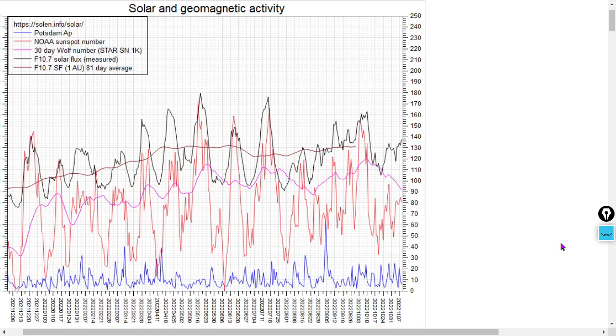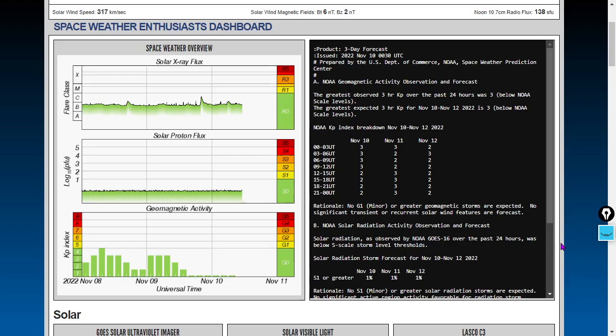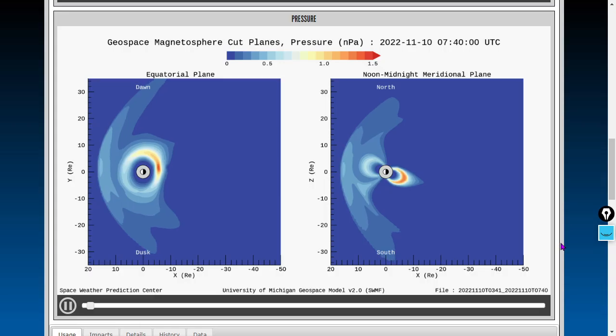And there it is in context. That's the 1-year chart of the radio flux, the black line there. The red line below it is the sunspot number. And for those of you paying attention, these two data sets are proportional. Let's look at the Space Weather Enthusiast dashboard to see no space weather storms predicted, no geomagnetic unrest or geomagnetic storms there in NOAA's forecast.